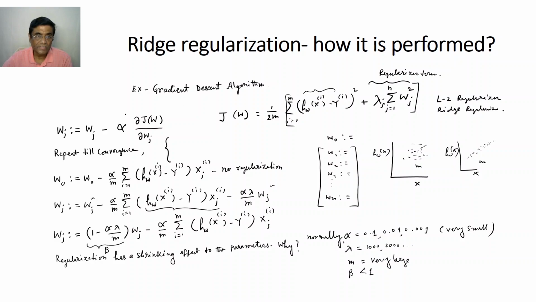Now try to see, this is my basic gradient descent model, right? That is, new wj is assigned as the earlier wj minus alpha. Alpha is the learning rate, as you know.